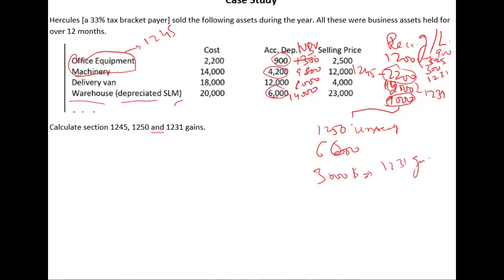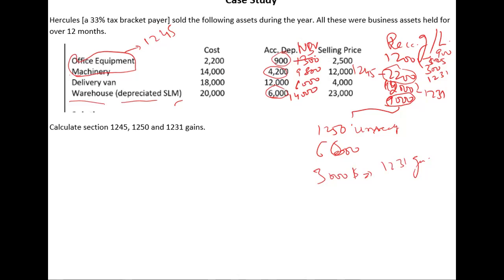Here only $900 of 1,200 is ordinary income because recapture is the lesser of accumulated depreciation or gain, and the balance is this. Then all of the 2,200 will be this, and no recapture or unrecaptured depreciation will be there.